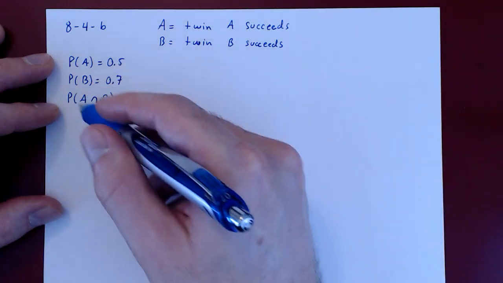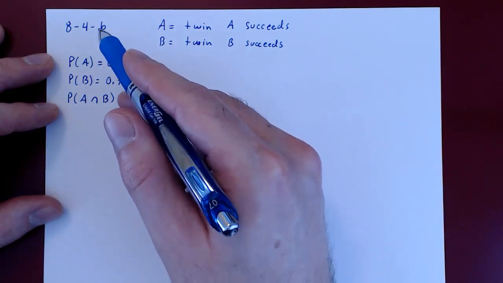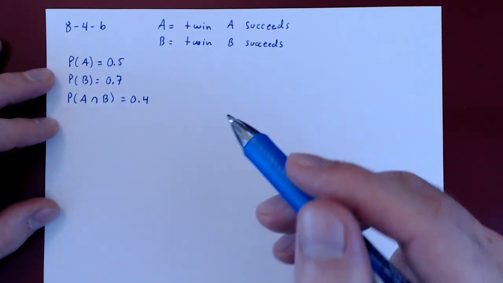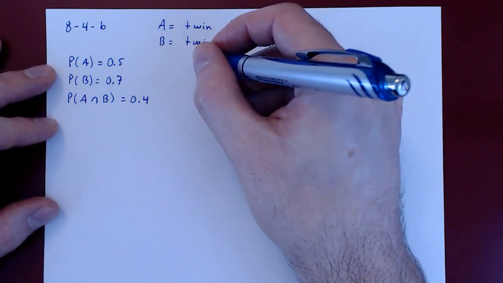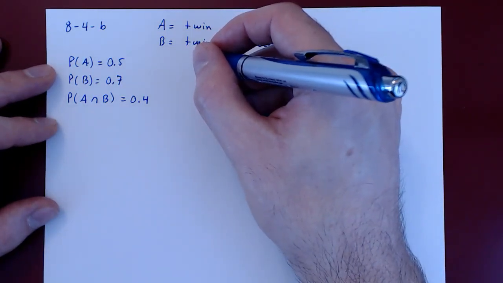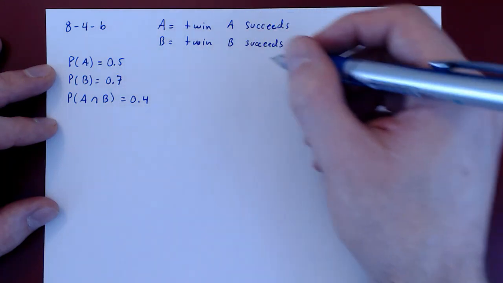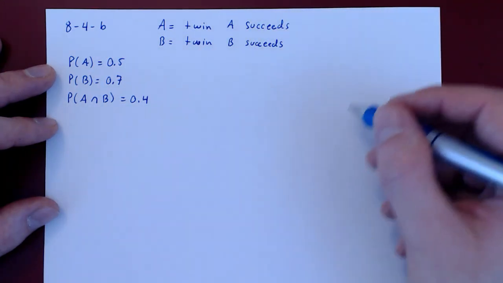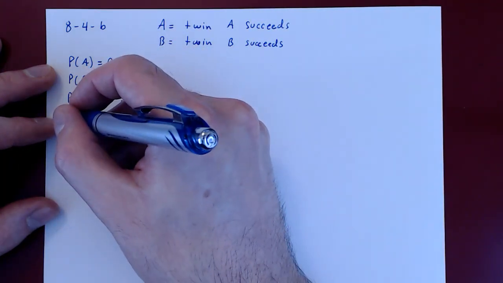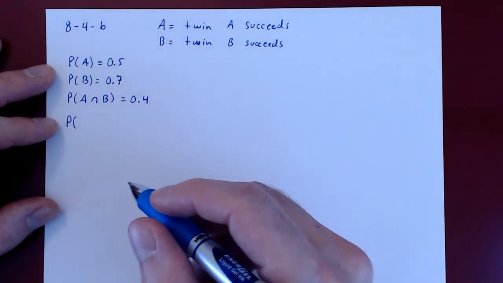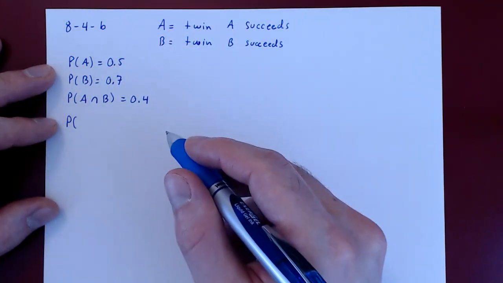And given this information, question B is asking for the probability. I'll put my Venn diagram here, and I'll write the probability that we want. We want the probability that twin A fails.